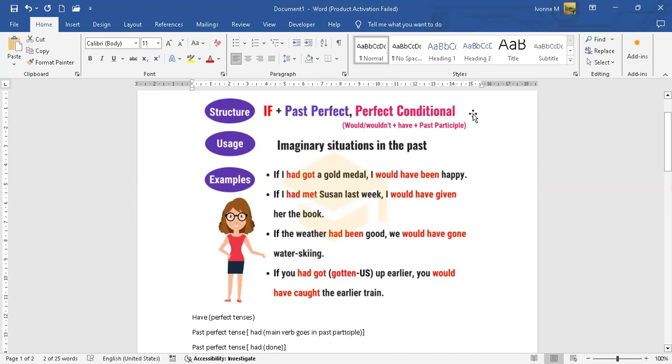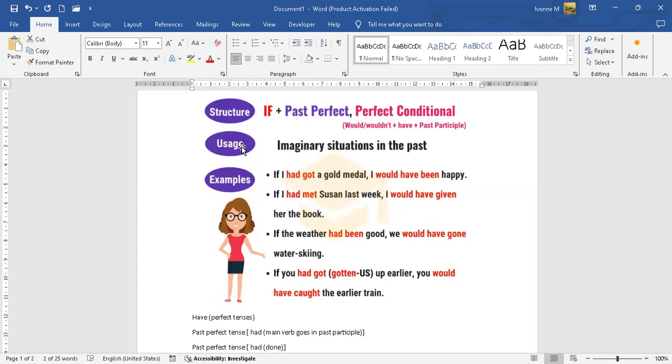This is about the third conditional structure, what I just explained. What about the uses? Remember that we use this for imaginary situations in the past. Why are they imaginary situations? Because we're talking about things that did not happen.